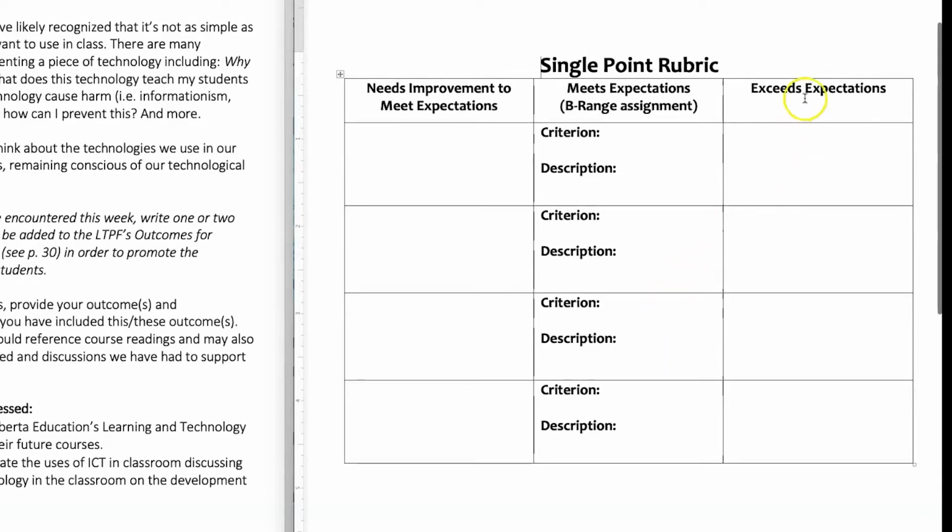Then instructors can write comments to the right or to the left of that main column to indicate areas that students exceed expectations on that criterion and areas that students need to improve in order to meet that criterion. In the end, the instructor can assign a grade based on whether the student is consistently exceeding or needing to improve to meet these expectations.